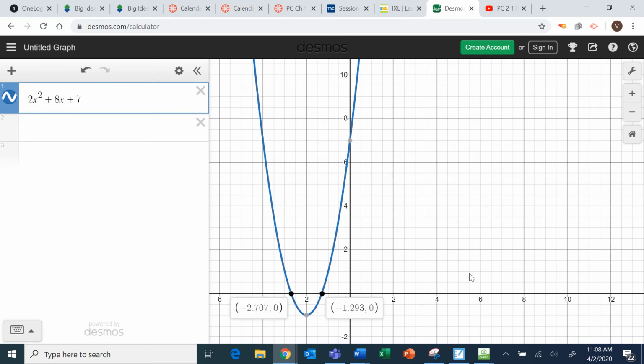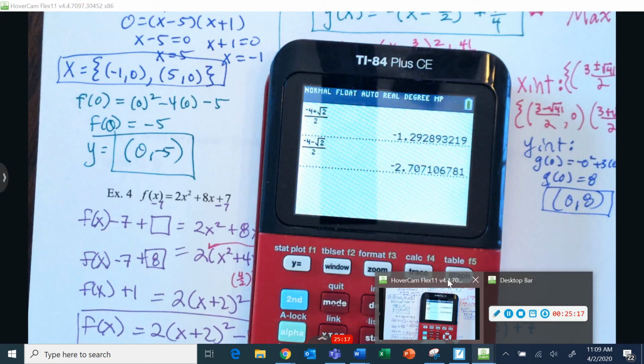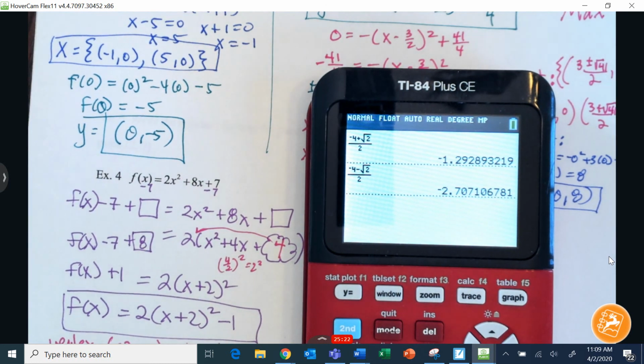So I could just double check on my calculator. -4 plus square root 2 over 2. And that's one of the answers. And that is the other answer. So now I've done it correctly. Sorry, I was doing this on my calculator, but I had it open to Desmos, so he didn't see me doing it. There we go. So that gives me the two answers that the Desmos calculator told me.